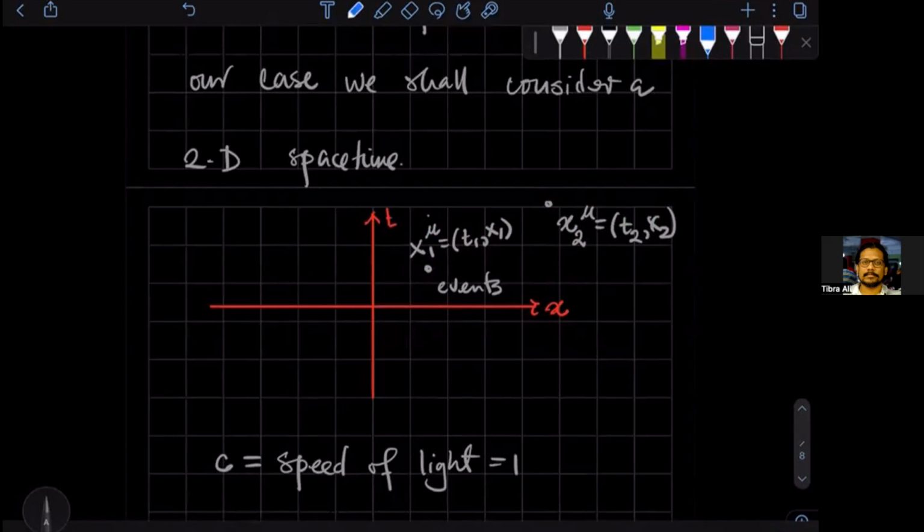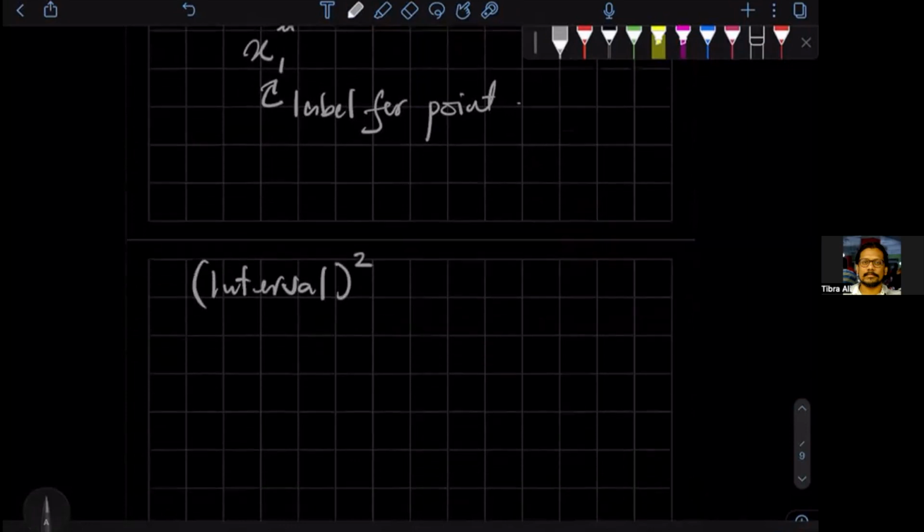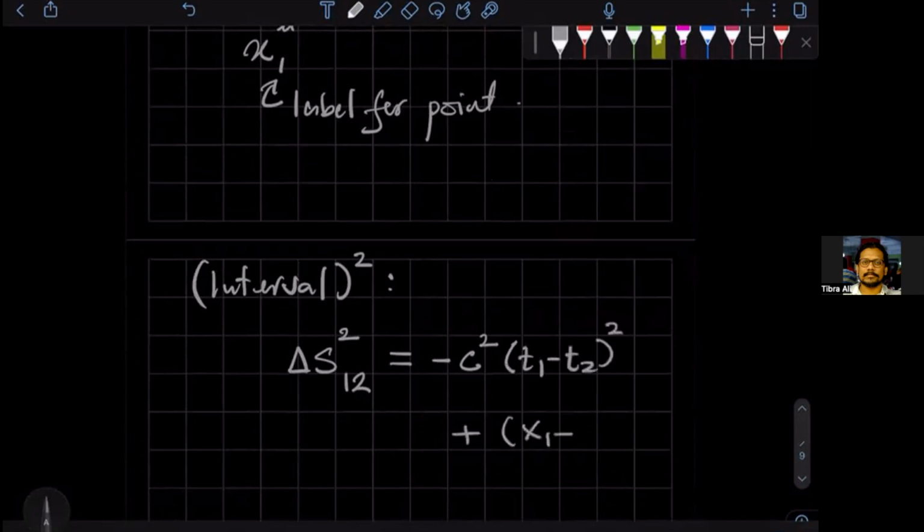What is an interval? It's a length of sorts between these 2 points. So the interval, or more precisely, the interval squared between 2 points is given by delta S 1, 2 squared, and it's minus c squared (t1 minus t2) squared plus (x1 minus x2) squared.